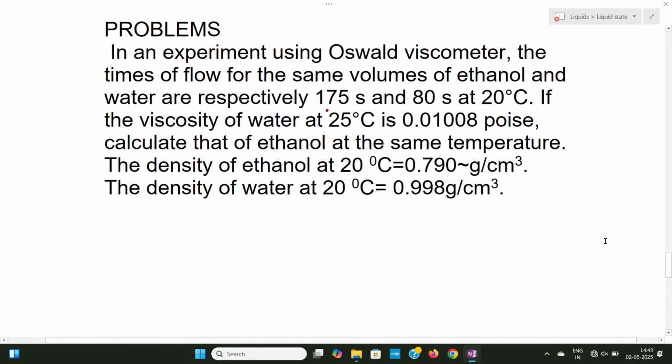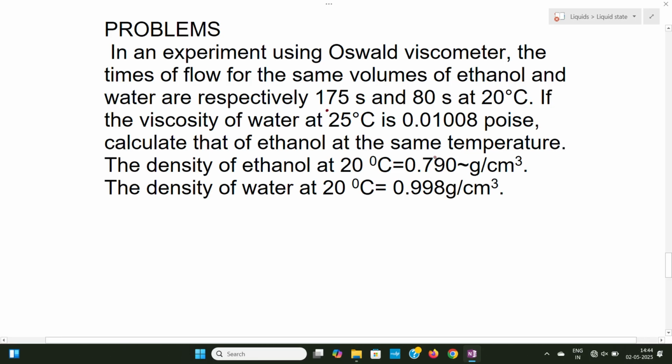If the viscosity of water at 20 degrees Celsius is 0.01008 poise, calculate that of ethanol at the same temperature. The density of ethanol at 20 degrees Celsius is 0.790 gram per centimeter cube. The density of water at 20 degrees Celsius is 0.998 gram per centimeter cube.